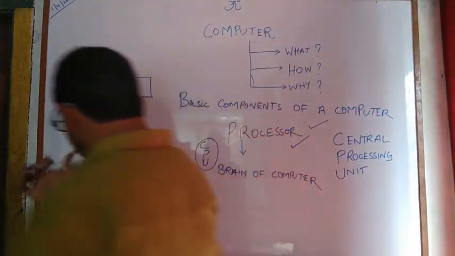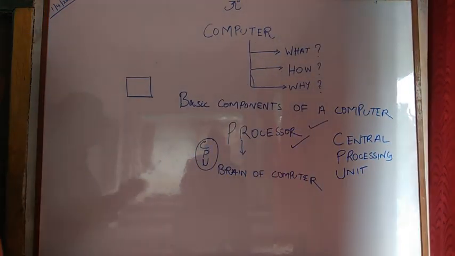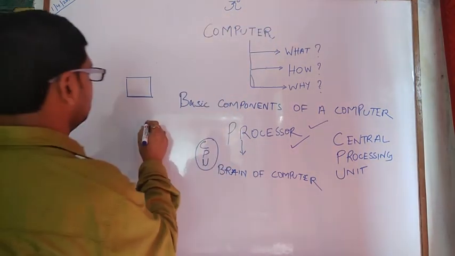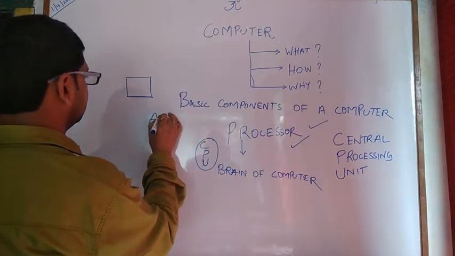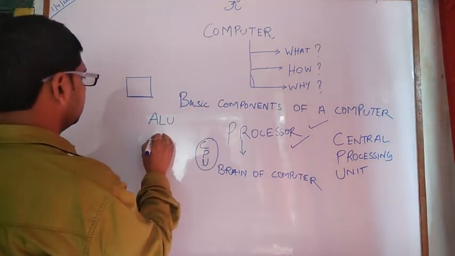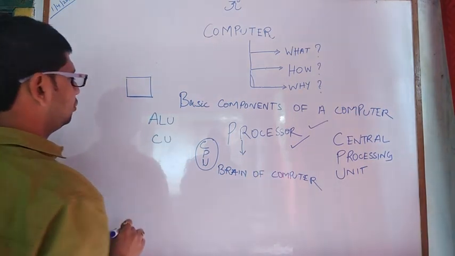Now, the processor has two more units called the ALU and CU.